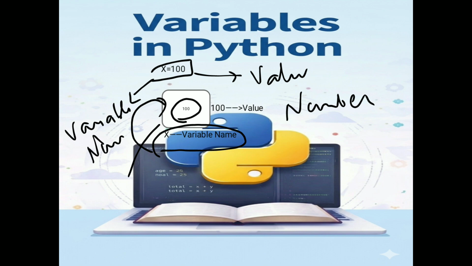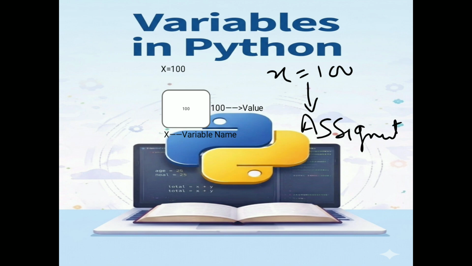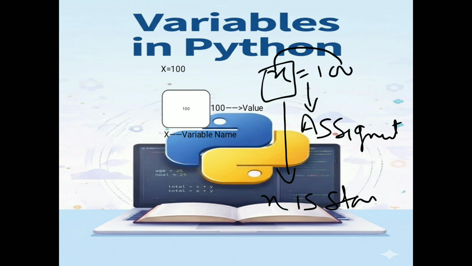In this example, the equal sign is used when x equals 100. Here equal does not mean equals to, it represents assignment, which means 100 is assigned to x, which means x stores 100. So x की वैल्यू यहाँ पे हमारे पास हो जाएगी 100. So a variable is a container that is used to store data.